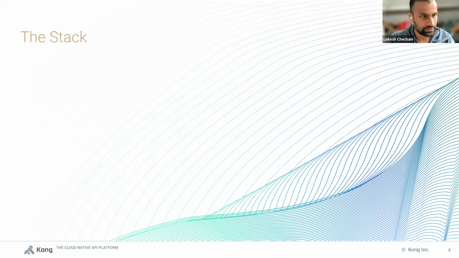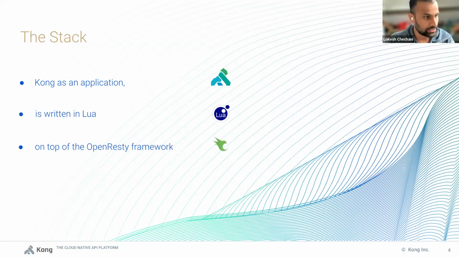So to start with, Kong as an application is primarily written in Lua, and that's on top of the OpenResty framework, which runs on the Nginx web server. That's primarily, in a nutshell, the tech stack behind Kong. It's very important to know that because, when we write the plugin, we can make a mindful choice around what technology we choose when we write it.